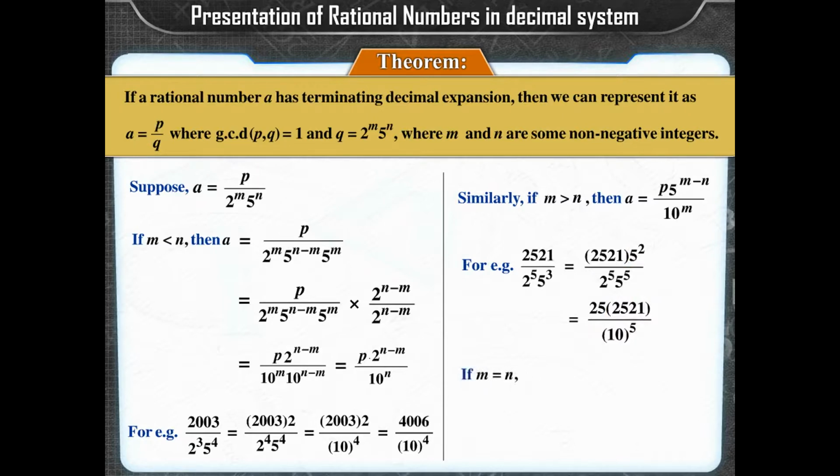If M is equal to N, then A is equal to P upon 10^M or P upon 10^N. For example, 1467 upon 2^5, 5^5 is equal to 1467 upon 10^5.